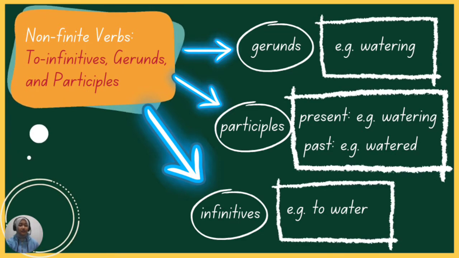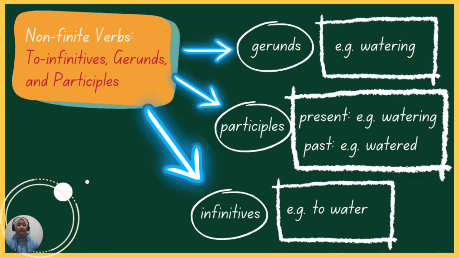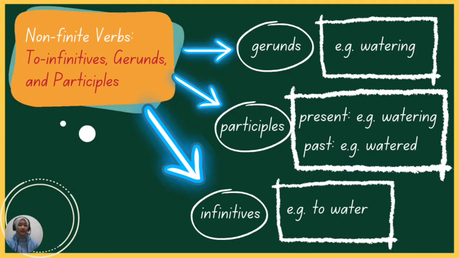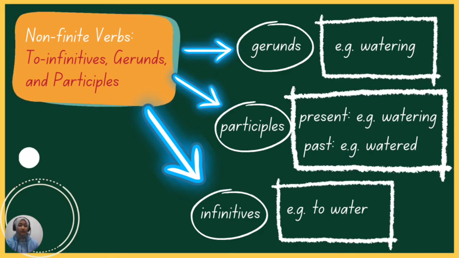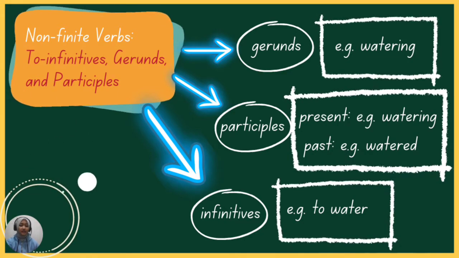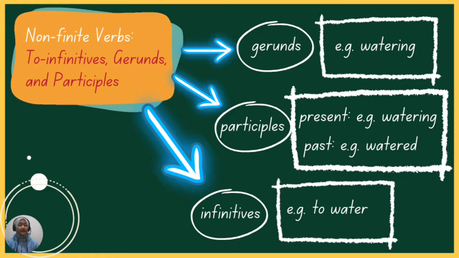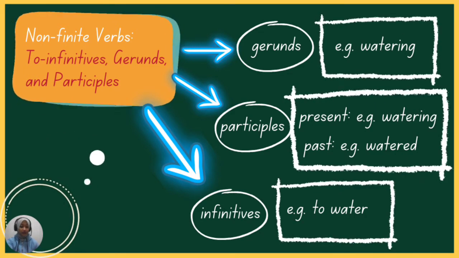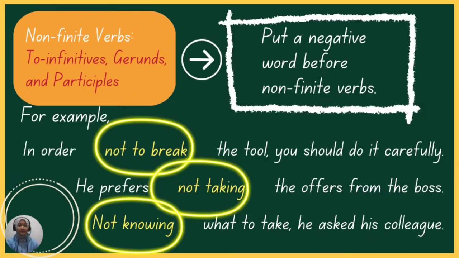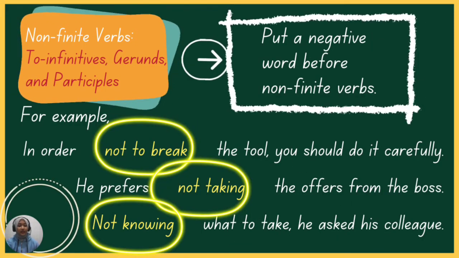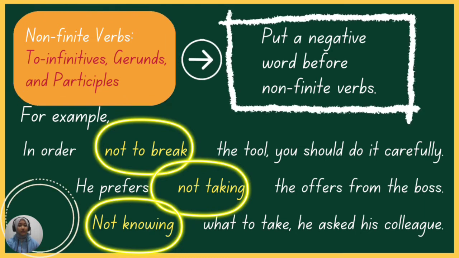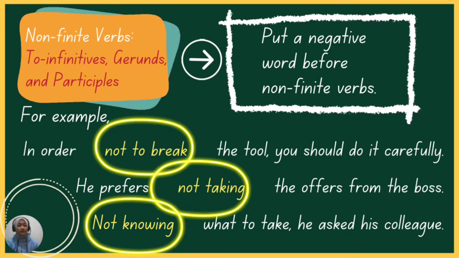Ya, jadi kita tahu water bisa berfungsi sebagai beberapa bentuk parts of speech. Ya, salah satunya adalah water sebagai kata kerja, yaitu artinya apa? Menyirami. Okay, non-finite verbs: to infinitives, gerunds, and participles.